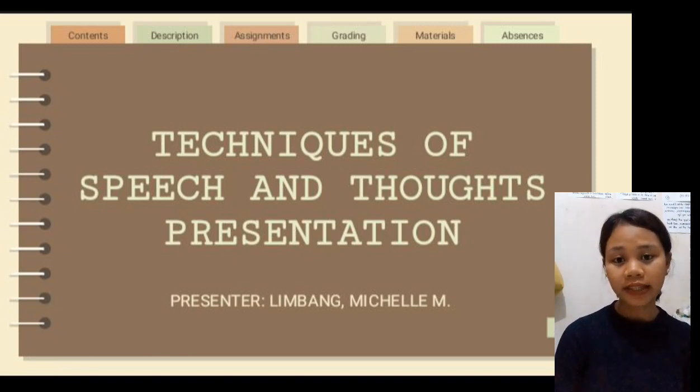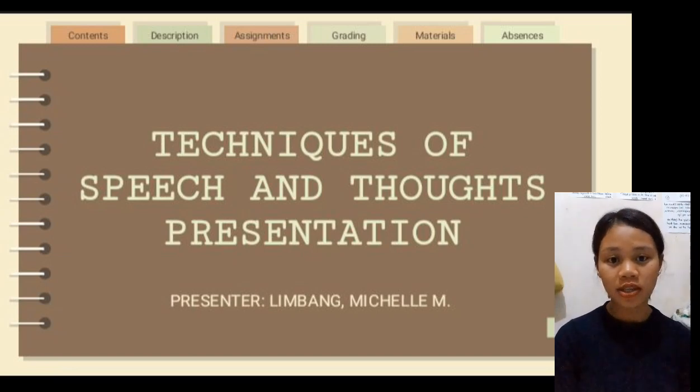Then free indirect speech blends the narrator's voice with the character's thoughts, creating narrative that reflects both perspectives. And lastly, free direct speech represents a character's thought or speech without the clauses, allowing readers to experience the character's thought directly.